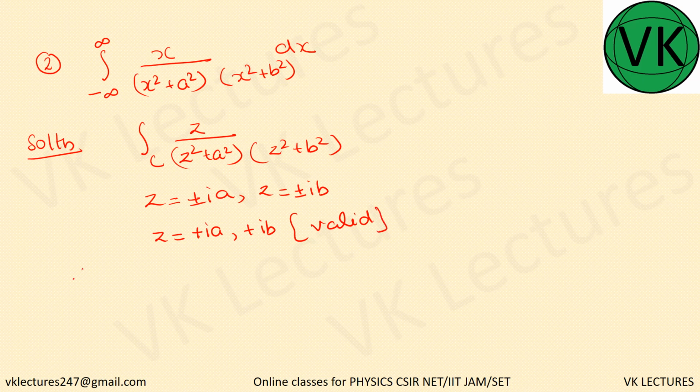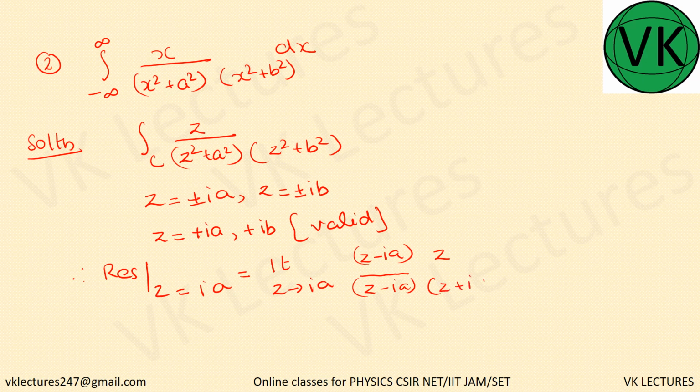Therefore, residue at z is equal to ia is equal to limit z tends to ia of z minus ia into z divided by z minus ia into z plus ia into z square plus b square.